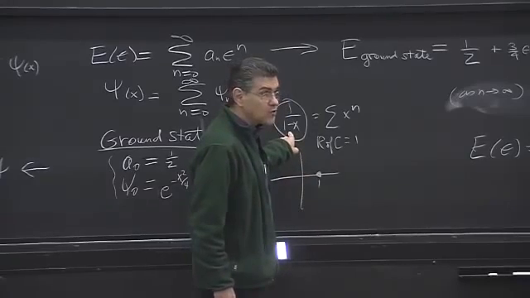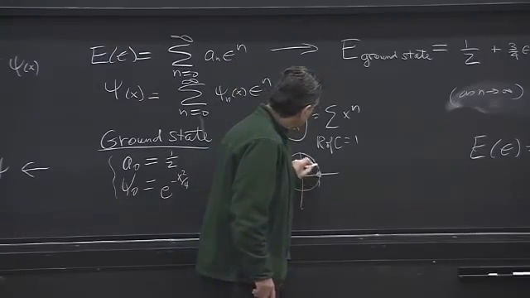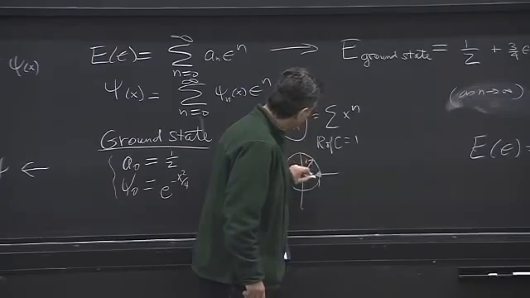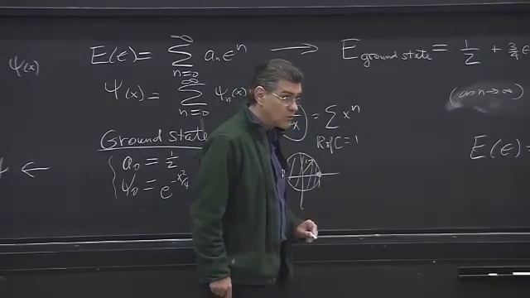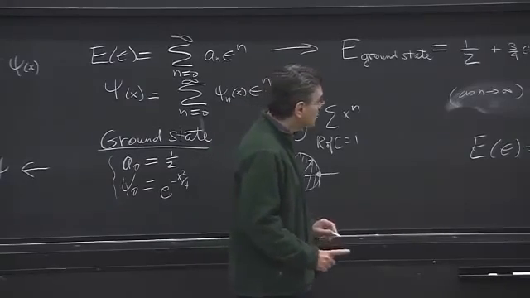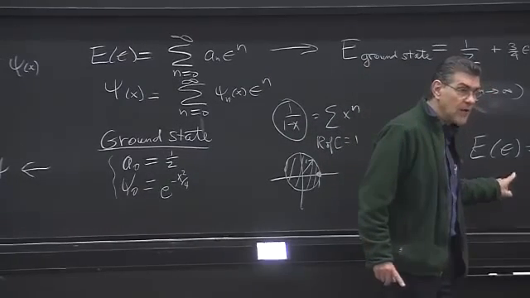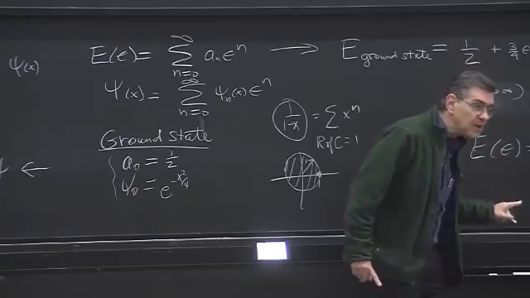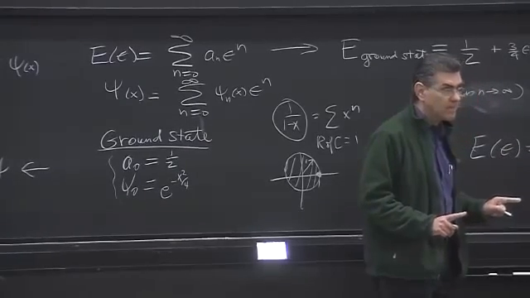That's the place where this function blows up. And therefore, the Taylor series has a radius of convergence of 1, and this is the region where the Taylor series converges. If we have a Taylor series that has a 0 radius of convergence, that means there's a singularity at epsilon equals 0.